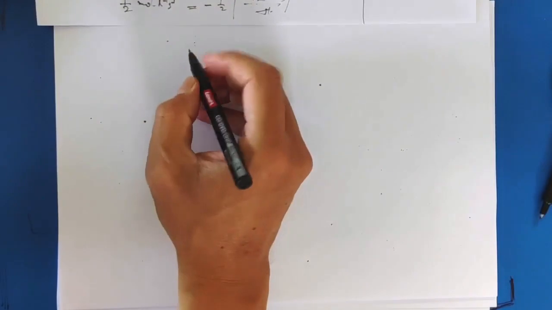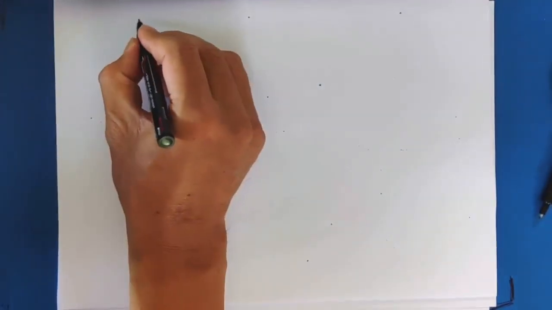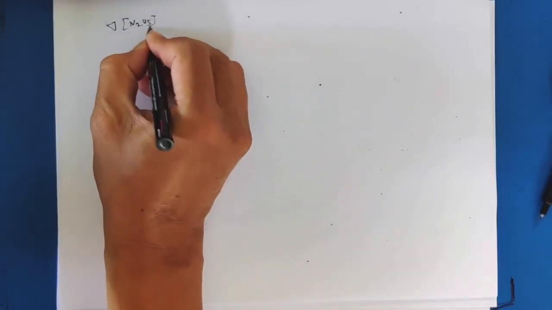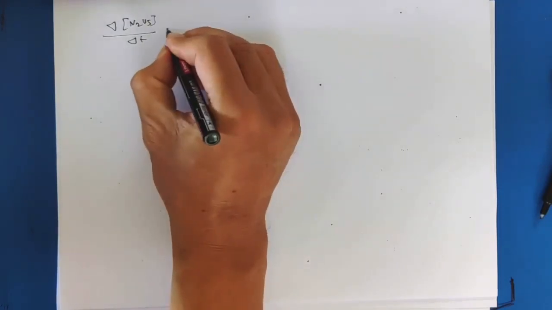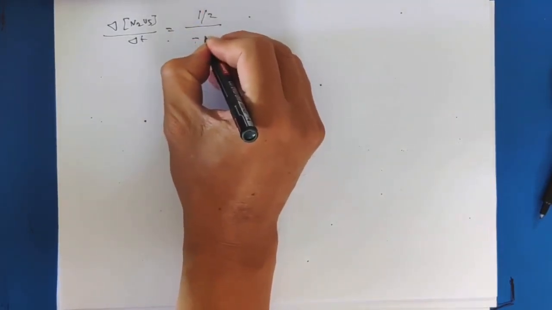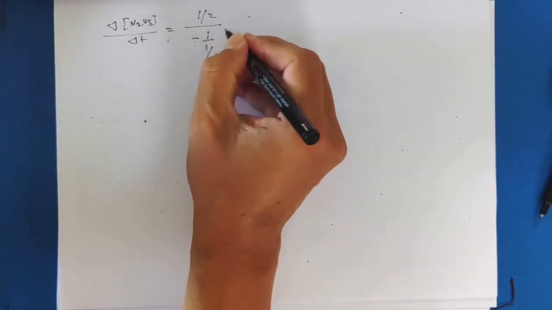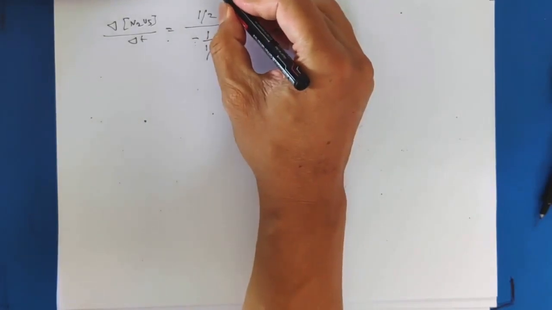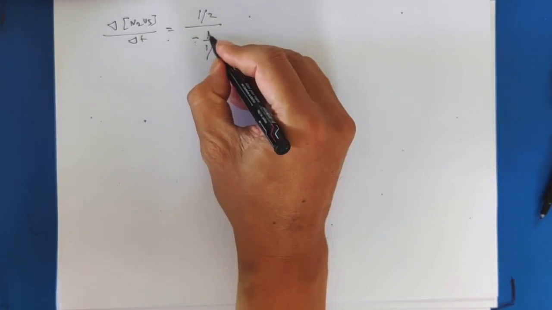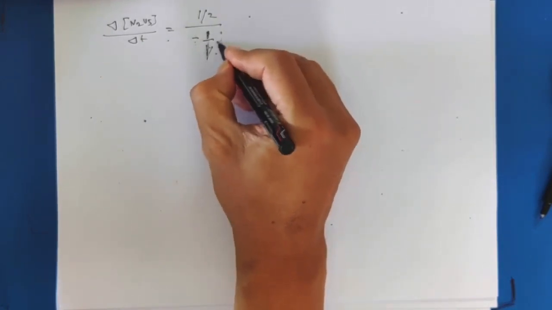So rate of disappearance of N2O5 is del N2O5 del T. Half is over there, and this will go down as the reciprocal, so this is half.